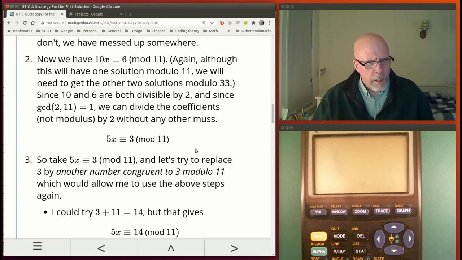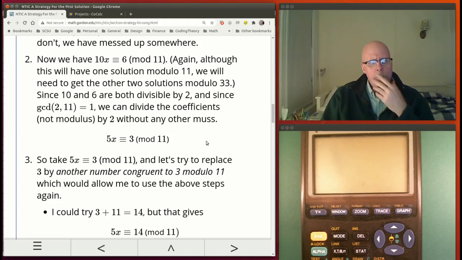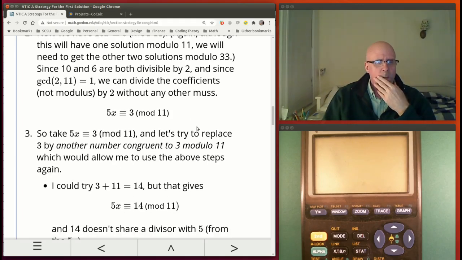So we're going to try to replace 3 by another number that's congruent to 3 mod 11. Why would we do that? All right, let's just follow it along. He says, first, I could try 3 plus 11, 14. That's another thing in the congruence class of 3.